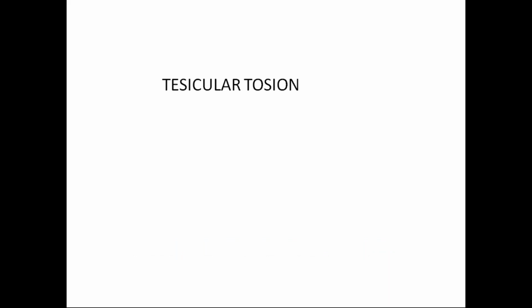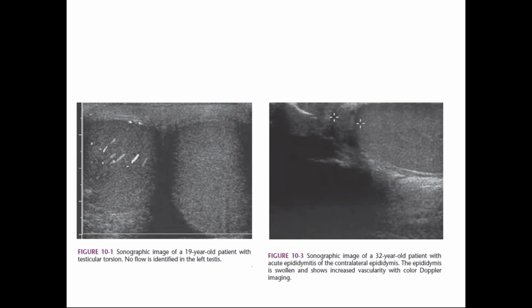Similarly, we have acute scrotum, and the most common cause for this is testicular torsion. We need to identify this, as we can salvage the testis and save the organ.